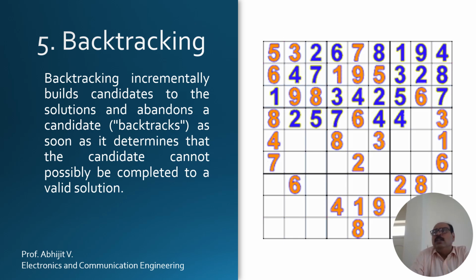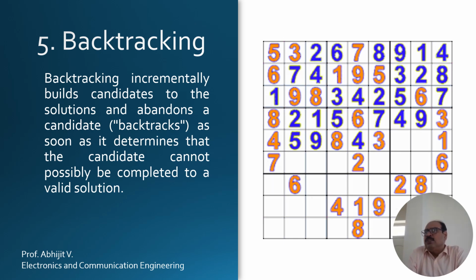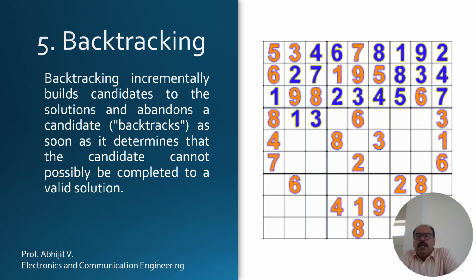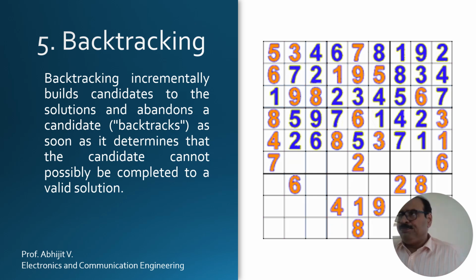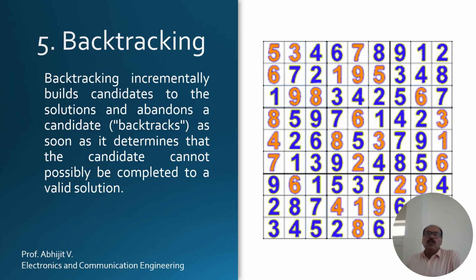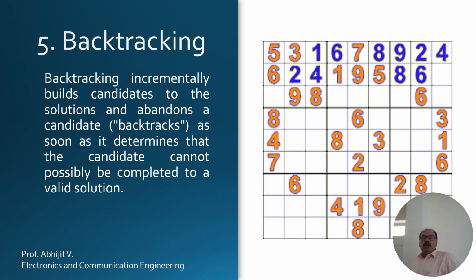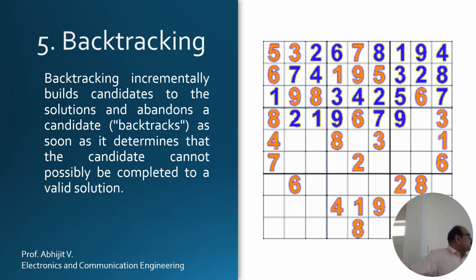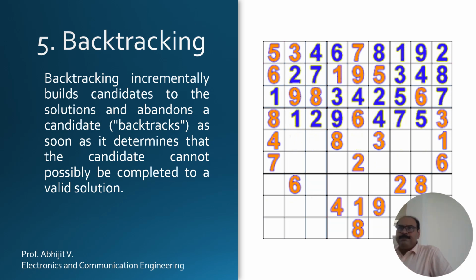The fourth one, which we have just now seen, is means and end analysis, and the fifth one is backtracking, going down from the solution to the problem. We'll be analyzing the list of possible solutions, and from there we'll go back.